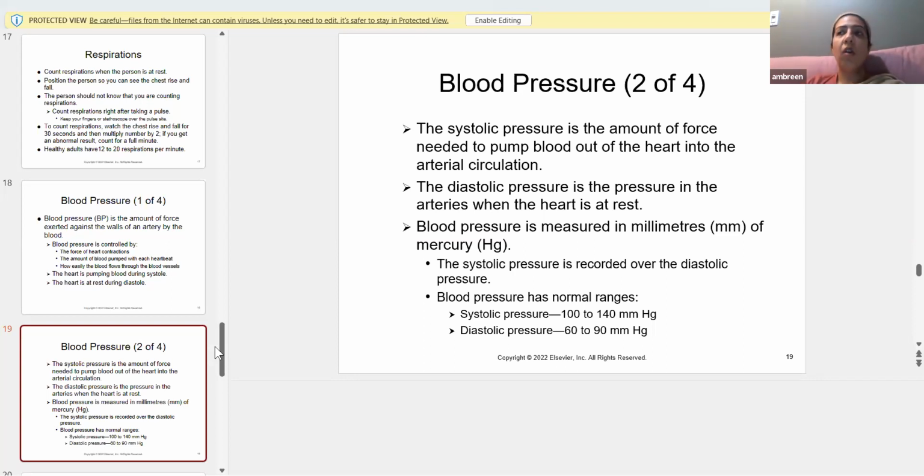Let's say I told you my blood pressure is 90 over 60. That means the upper one that I said, 90, is the systolic one, and the lower reading is my diastolic reading. Always the upper number is the systolic pressure, the lower number is the diastolic pressure.